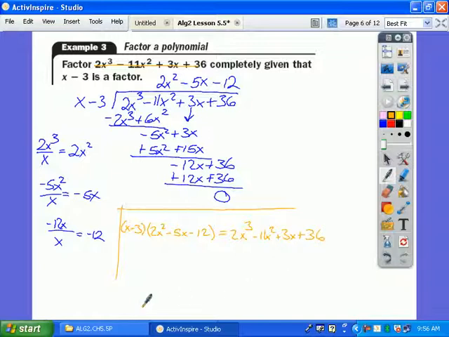Right? That's what division and multiplication mean. If I divide the original polynomial by x minus 3, and I get out this new polynomial, 2x squared minus 5x minus 12, with no remainder, then it means these are exactly equal, right?